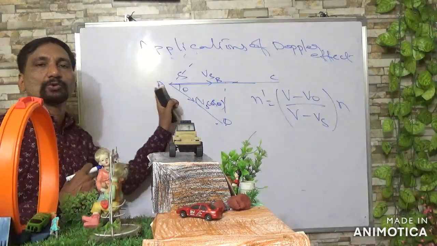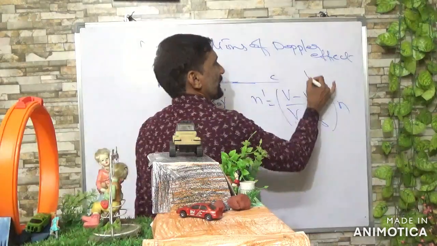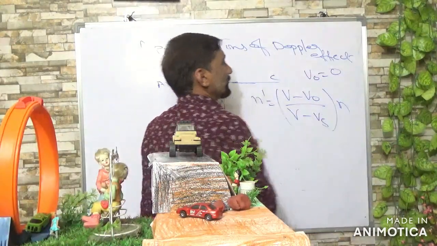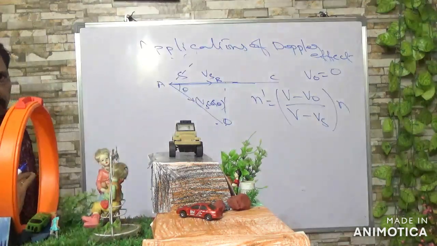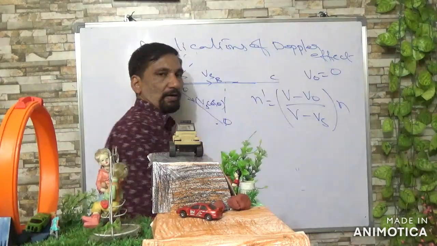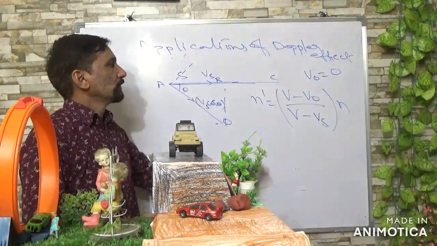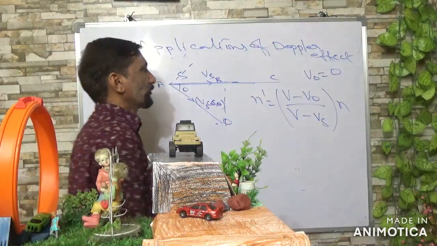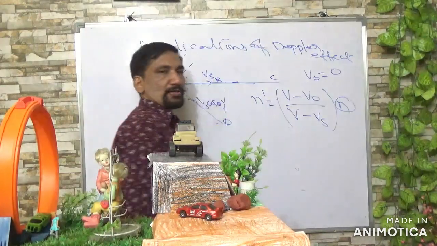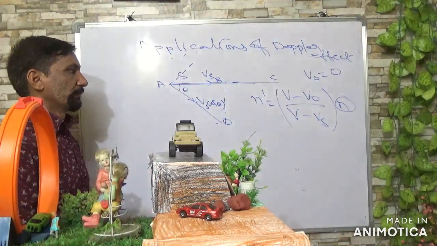Here the source is on an inclined plane and the observer is standing. As the observer is standing at some point, its corresponding velocity will be taken as 0. V is the velocity of sound, usually given; if it is not given, you can take 340. And n is the original frequency, the given frequency of the source.